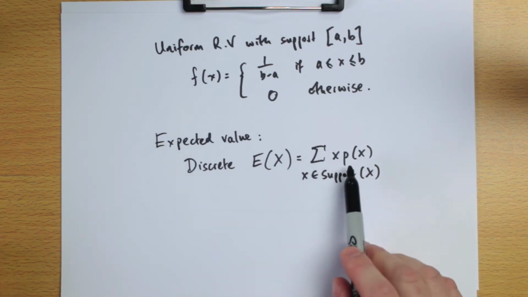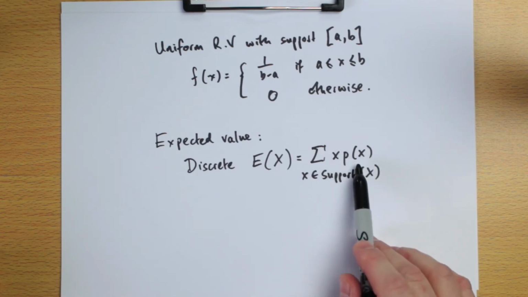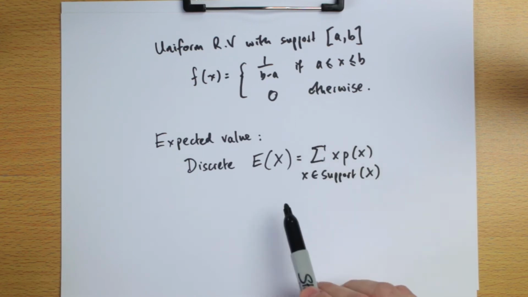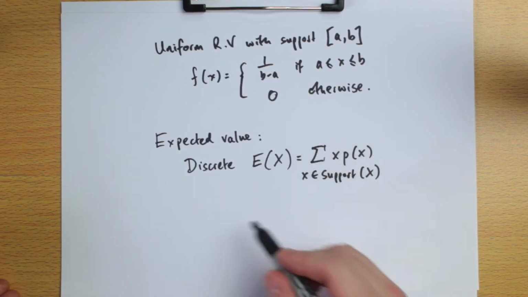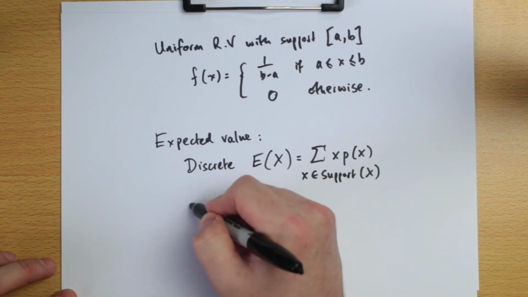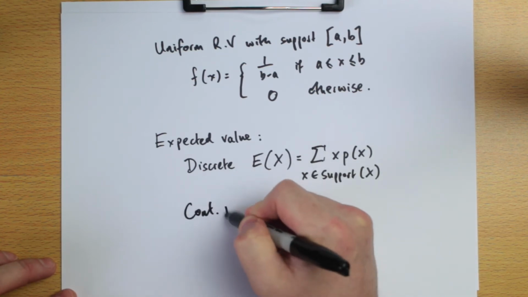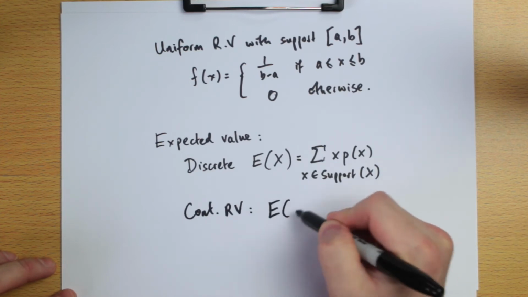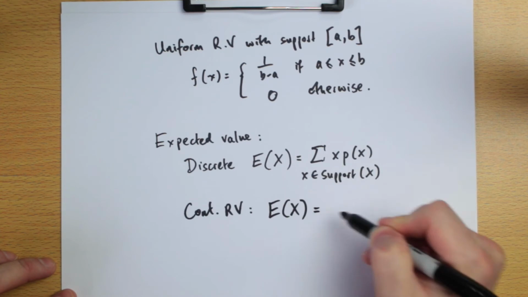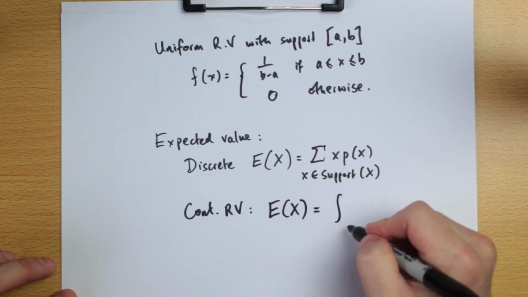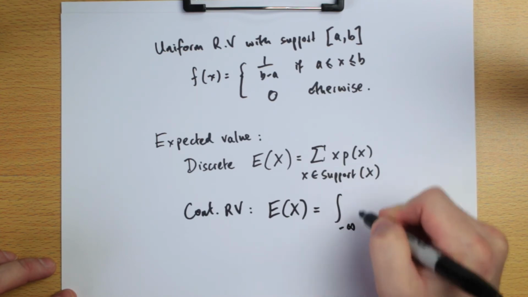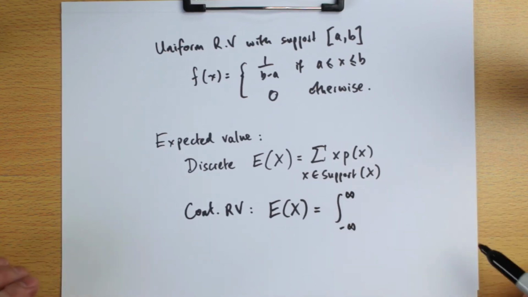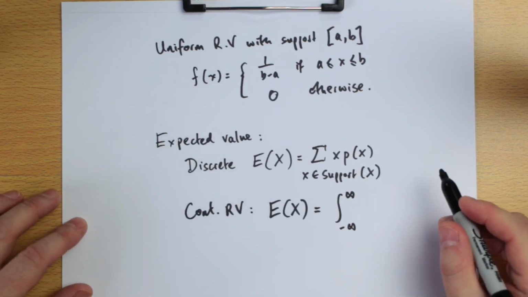Now, for the continuous case, of course, the probability of each specific value, p of x, would be 0, and we're taking a continuous sum. So we're going to use the density function. For the continuous random variable, the definition of expected value would be this. You take the integral, I suppose I could put from minus infinity to positive infinity, or if I know the support, I could just put the support as the bounds of the integration.